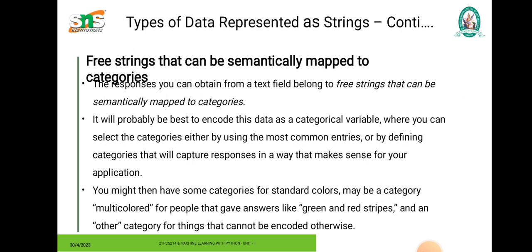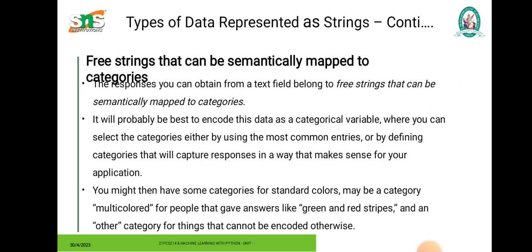Next type is free strings that can be semantically mapped to categories. Free strings means the data which is manually typed. These free strings data are not preferred because they can consist of typing errors. The responses you can obtain from a text field belong to free strings that can be semantically mapped to categories.